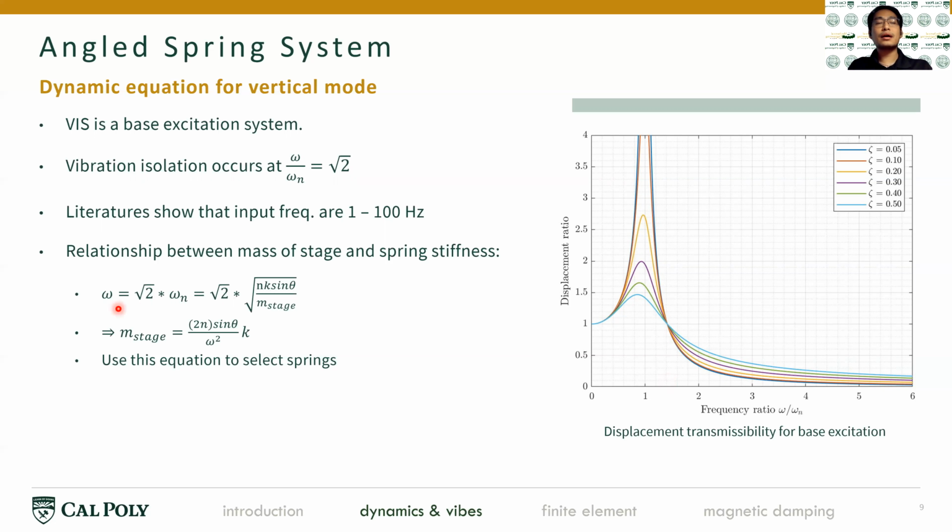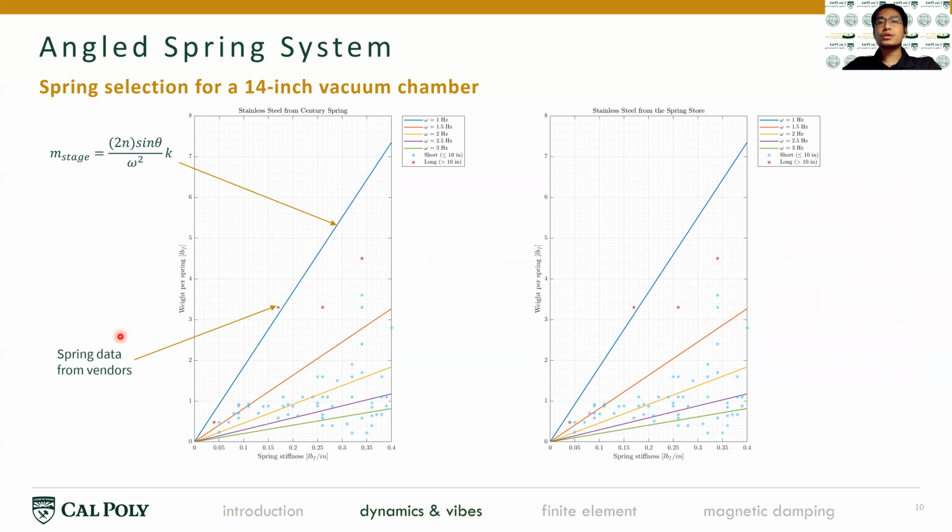If we rearrange the equation for the ratio of the input over the natural frequency, we can get the relationship between the mass of the stage and the stiffness of the spring, so that we can use this equation to select the springs from a couple of vendors online. The two figures here show the spring selection process that we used to pick the spring for a 14-inch high vacuum chamber.